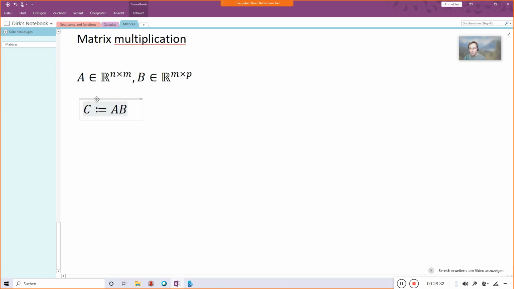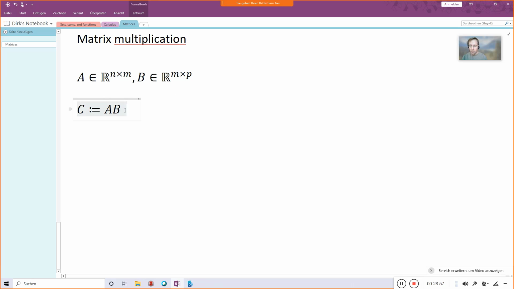Namely this, just AB. Sometimes you see the dot, but it's actually more common that you don't see anything. So if you see two matrices next to each other, that refers to a matrix product. This is what we of course always see in the GLM for X beta. So this refers to a matrix product.